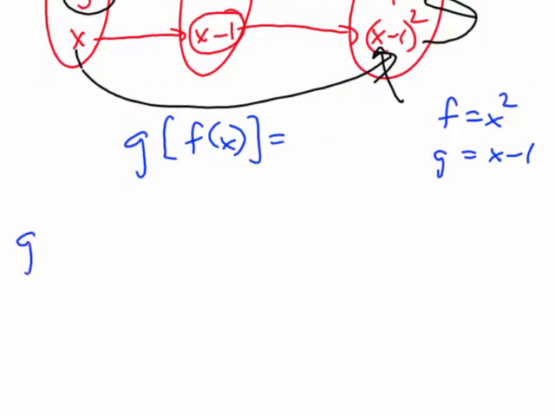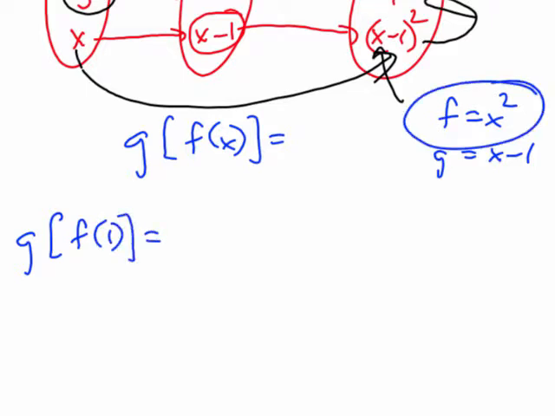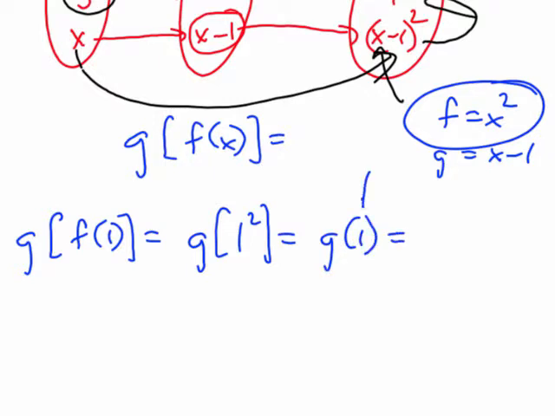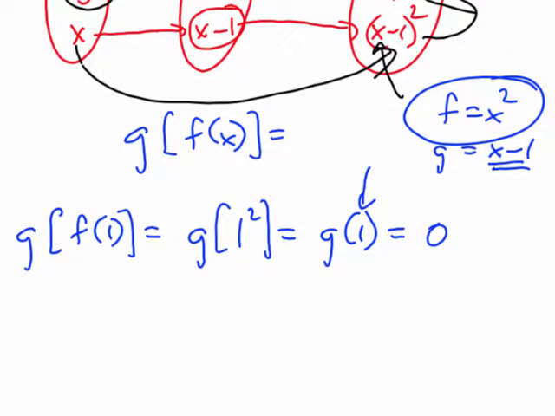If I wanted g of f of 1, I would plug 1 into f. That would be 1 squared, so that would be 1. Then I plug that output into g to get my new output 0. Let's do g of f of 3. We put 3 into f, and we get 9.